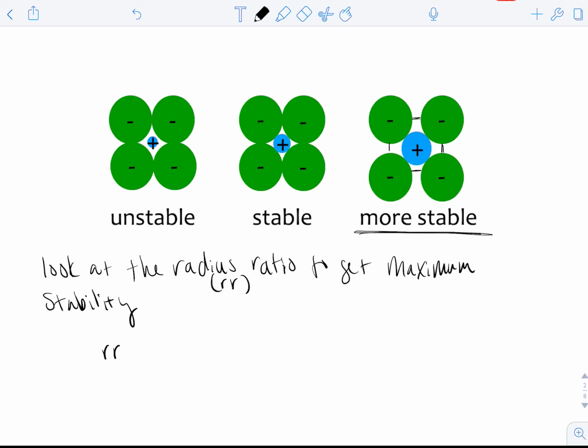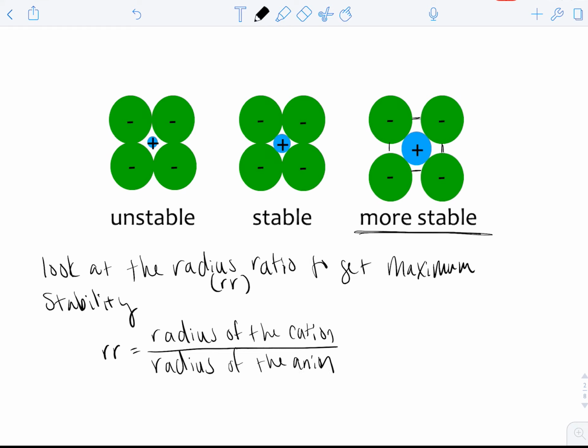So our radius ratio is equal to the radius of our cation divided by the radius of our anion. And we're going to get some number. And that number is going to relate to what type of basically cation hole we can put our cation in.